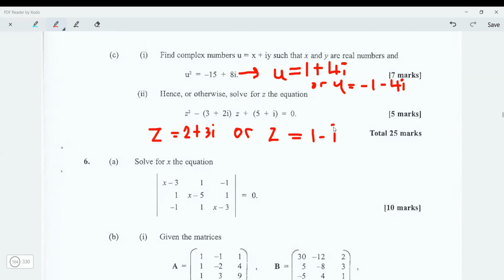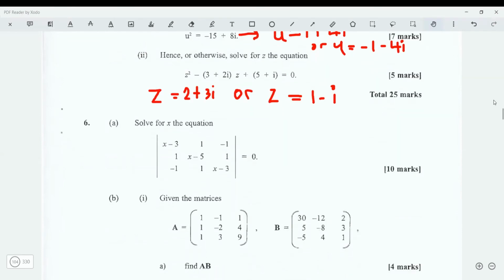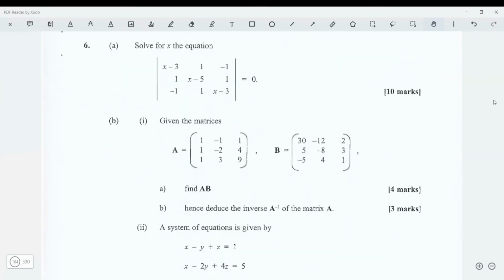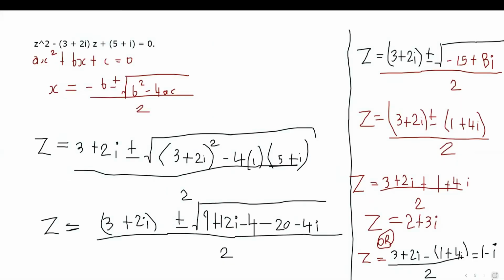Nice. Now let's look at this question right here. Question 6 is a matrices question. It says solve this equation for x, the determinant equation. So we have that determinant equation to solve.